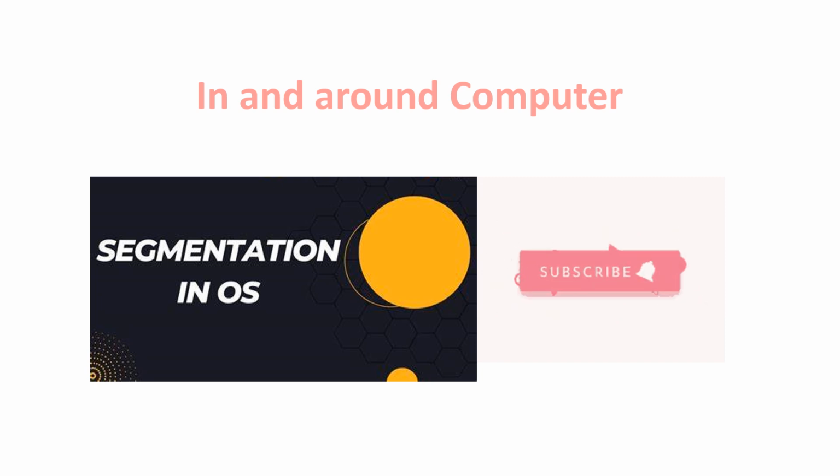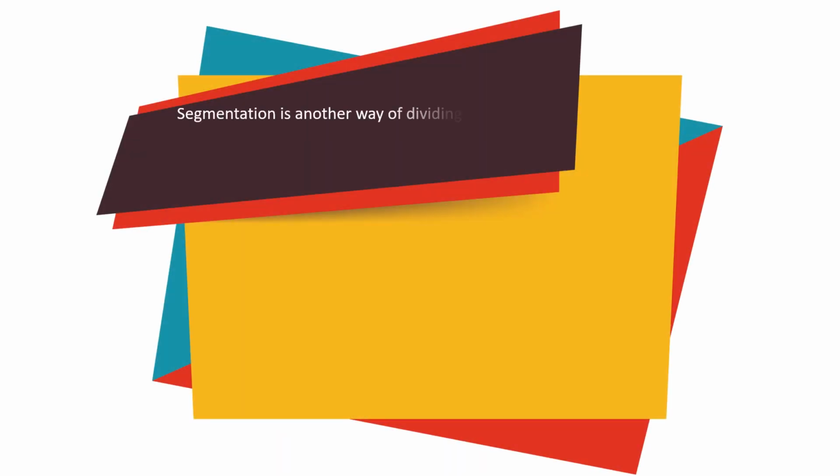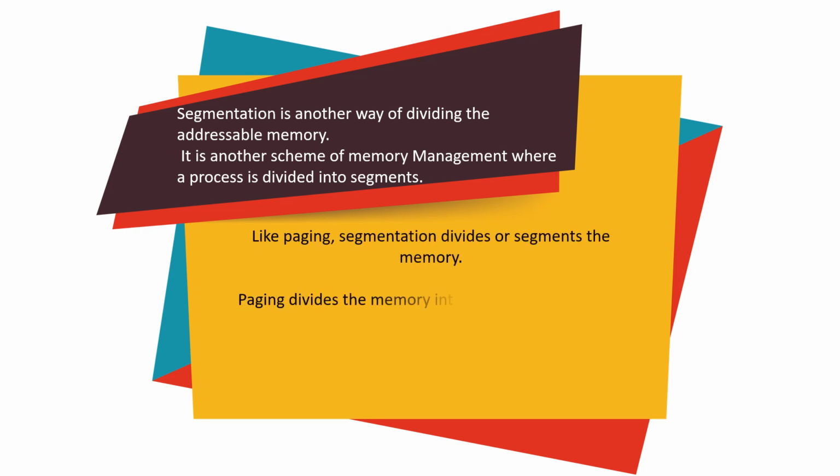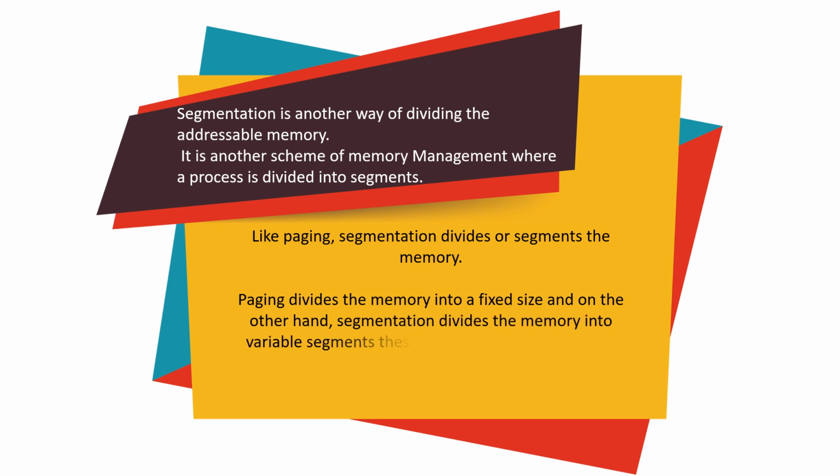In this video, we are going to see what is segmentation in the operating system. In the last video we saw what is meant by paging and various techniques of paging, which is a memory management technique in OS. Now we are going to see what is segmentation. This is another way of dividing the addressable memory, and it's also another scheme of memory management where a process is divided into segments.